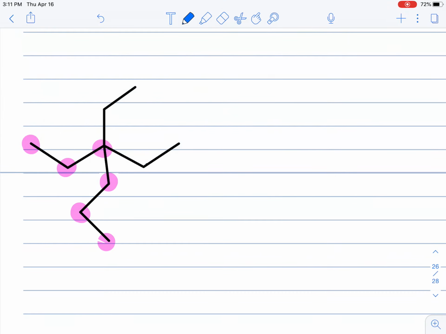So let's go ahead and number it. 1, 2, 3, 4, 5, and 6. Actually, let me move that 5 over. So here, if I'm going from left to right, let's see here.